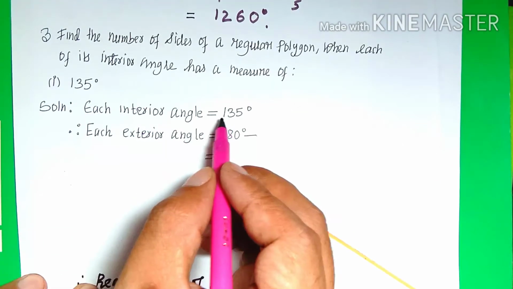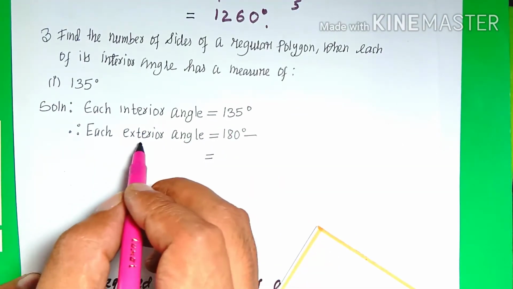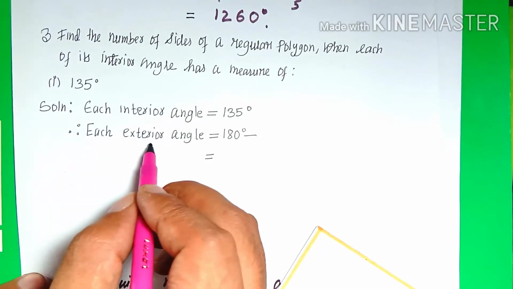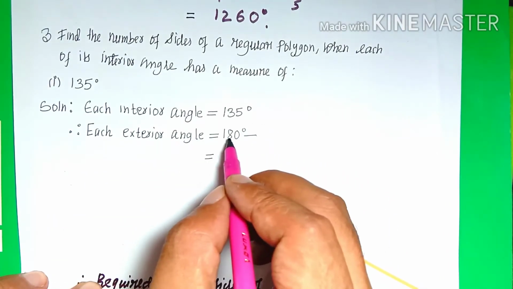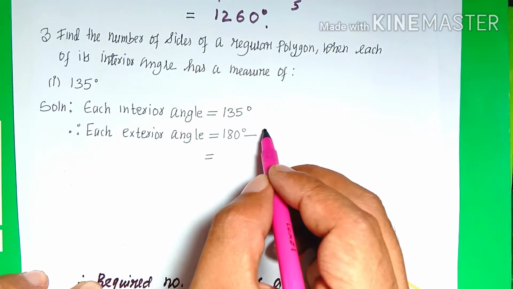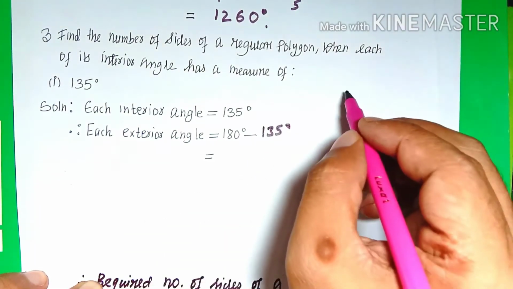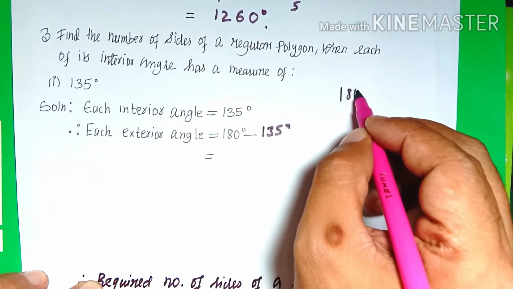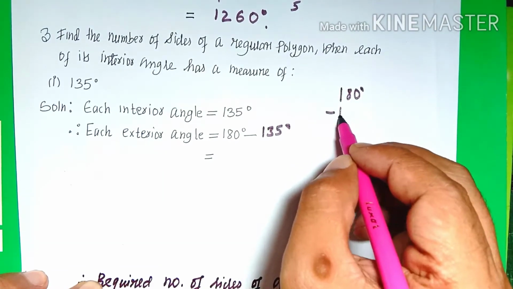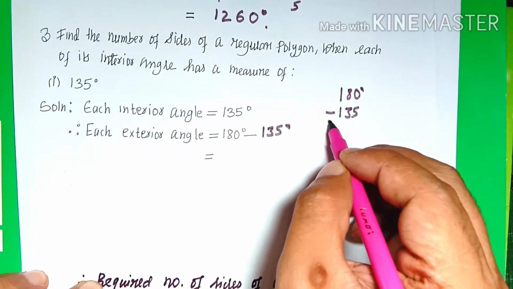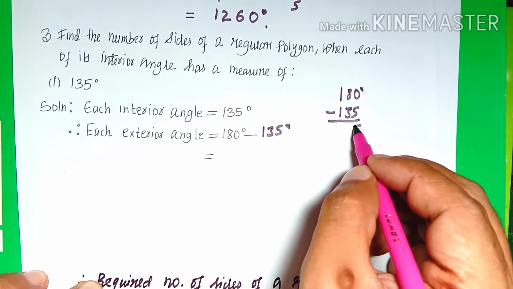With the help of this, we can find the exterior angle. Each exterior angle is obtained by 180 degrees minus the interior angle. So 180 degrees minus 135.